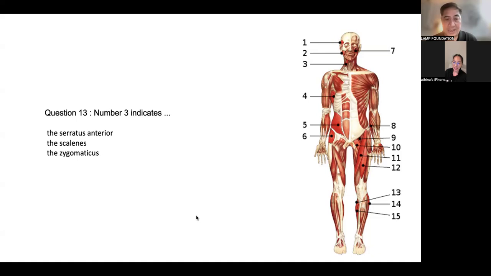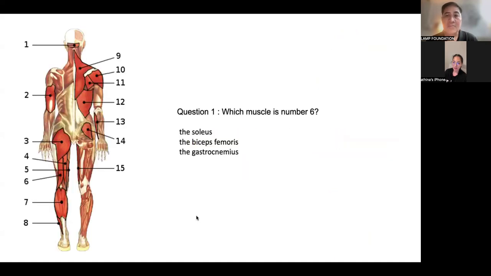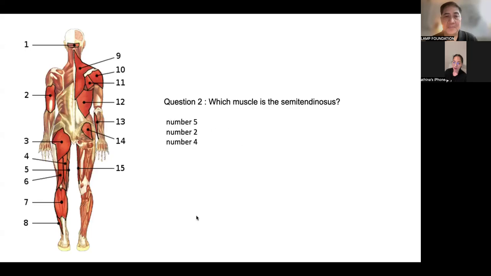Galea. The scalene. Number 9, the pectineus. Number 14, that's the peroneus longus. Number 6. Number 6 is the biceps femoris. Semitendinosus, number 4.